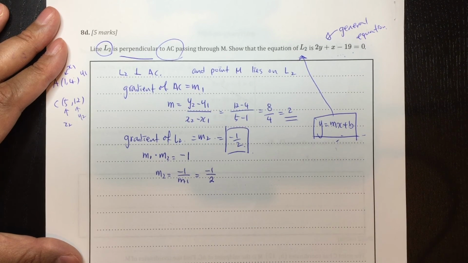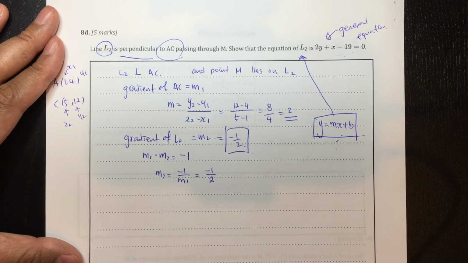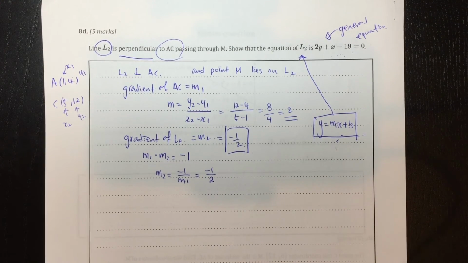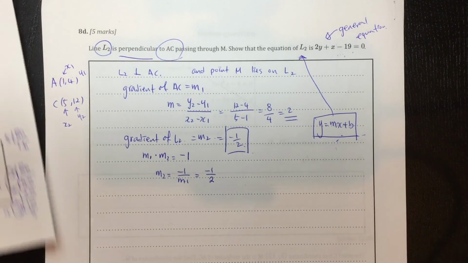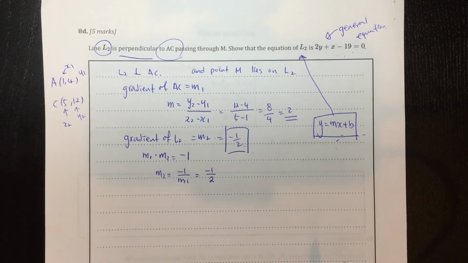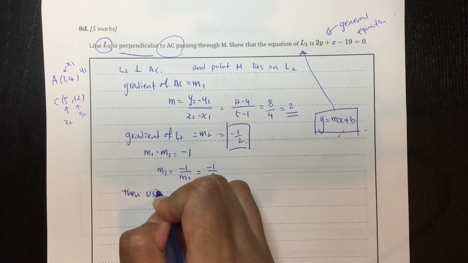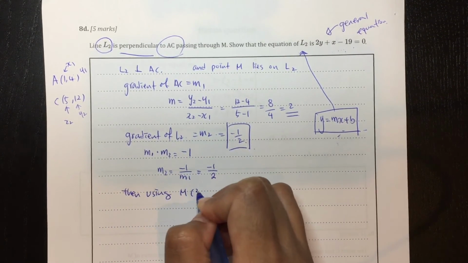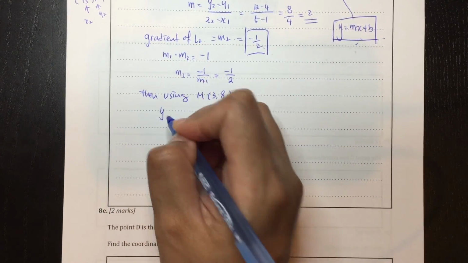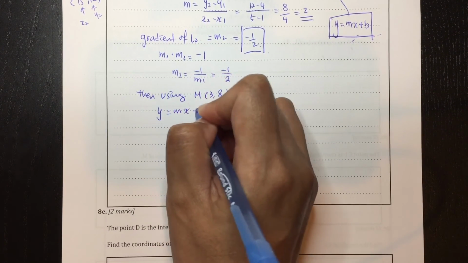To solve for b, we're going to use the point M, which was calculated in the previous question. M is (3, 8). Then using M, we can say y equals mx plus b.